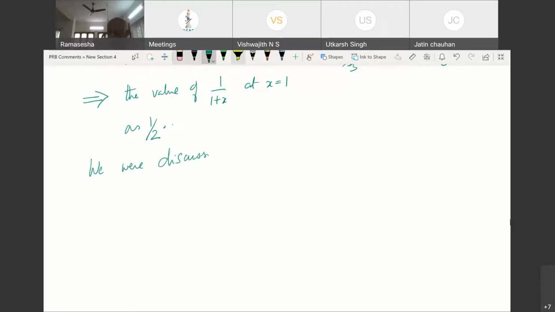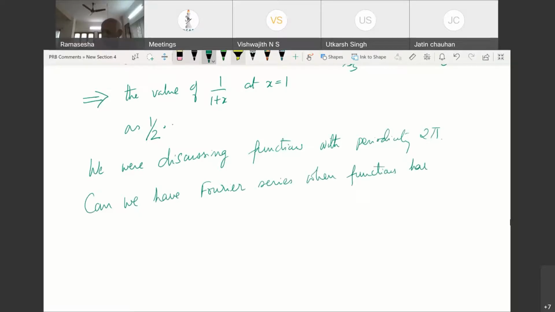Now let's consider when functions have arbitrary period. That means I take a function f of x plus T is equal to f of x. So this is arbitrary periodicity.